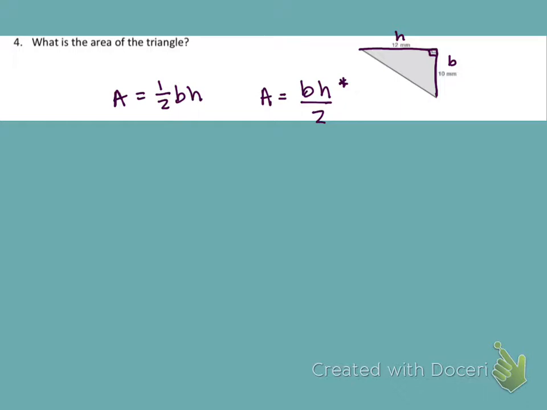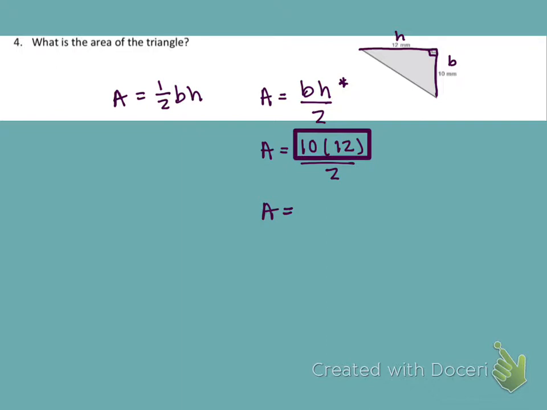Okay. So area equals your base, which is 10, and your height, which is 12, divided by 2. So the first thing that we're going to do here is 10 times 12.